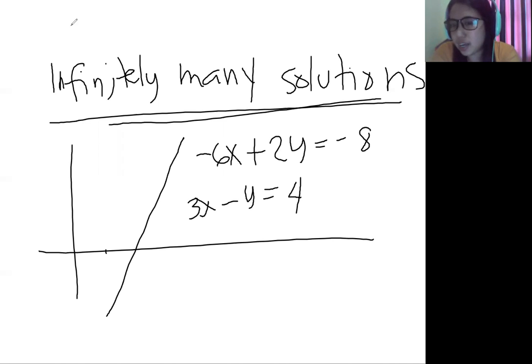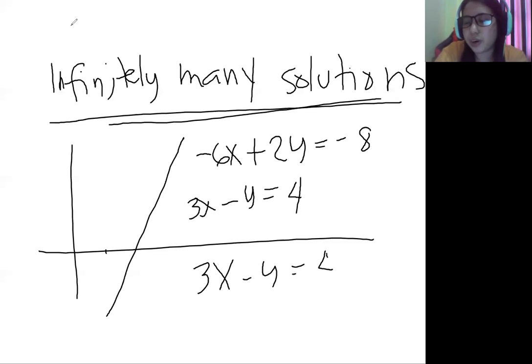If you noticed here, it is just multiplied by negative 2. So 3x minus y is equal to 4, multiplied by negative 2, and the answer is negative 6x plus 2y is equal to negative 8. Since it is the same line, it will give you infinitely many solutions.